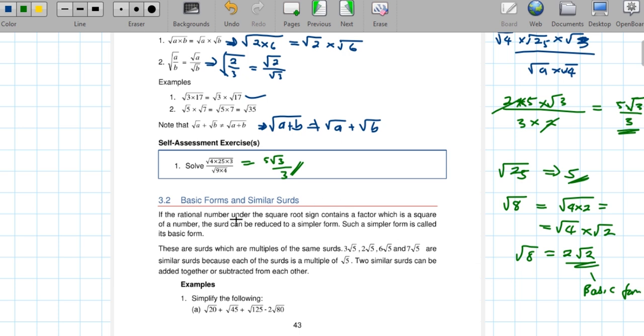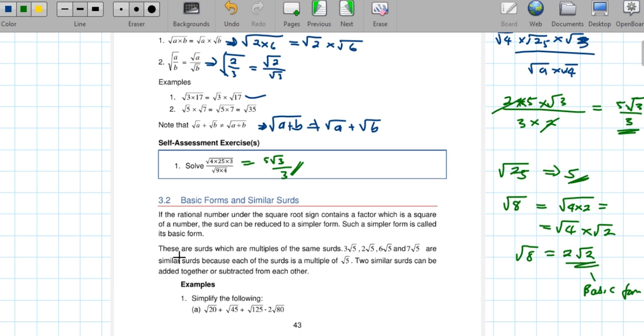If the rational number under the root sign contains a factor which is a square of a number, the surd can be reduced to a simpler form. In most cases in the exam, you may not see an answer in root 8. What you see is 2 root 2, which is the simplest and basic form of the surd.